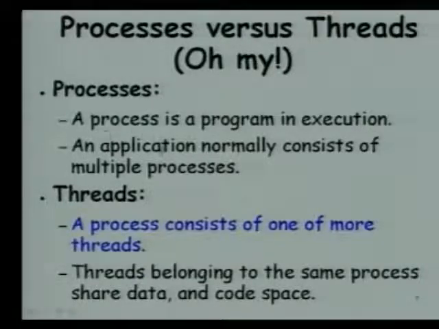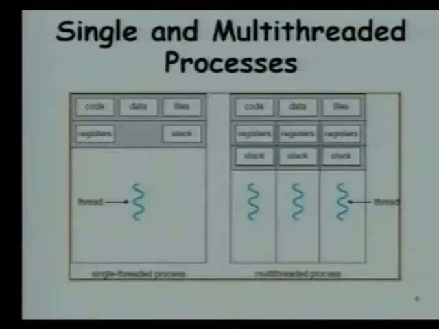A process is a program in execution, and modern applications normally consist of multiple processes, whereas each process might consist of one or more threads. Then what is the difference between a process and a thread? The difference is that the threads belonging to the same process share data and code space, whereas different processes do not share their data and code space, right. This is a pictorial representation here.